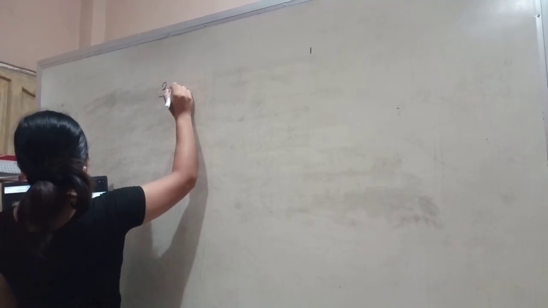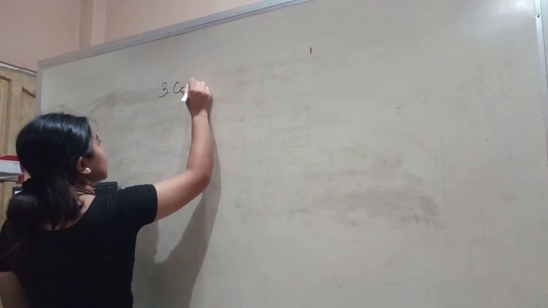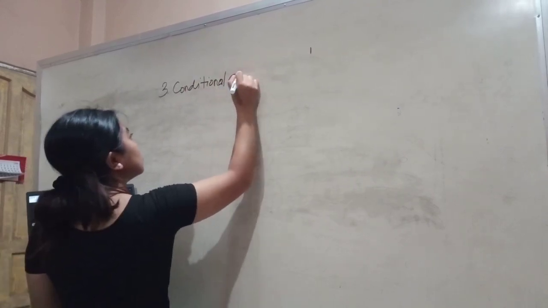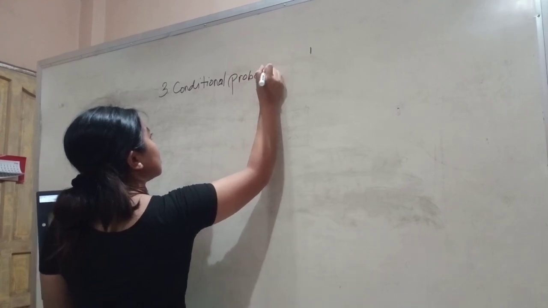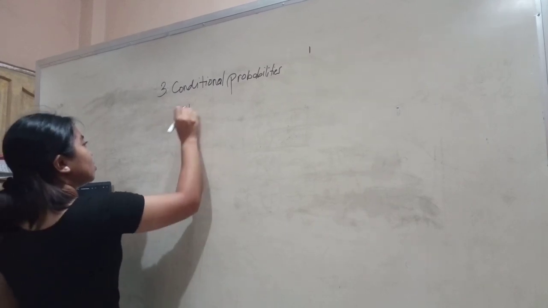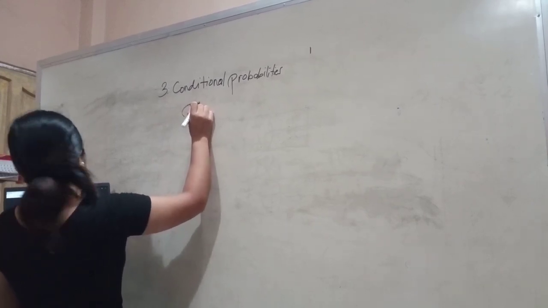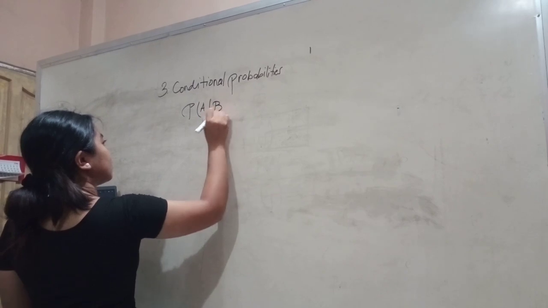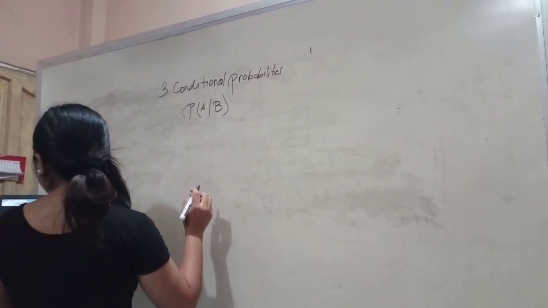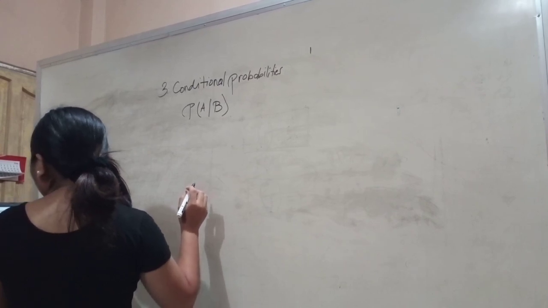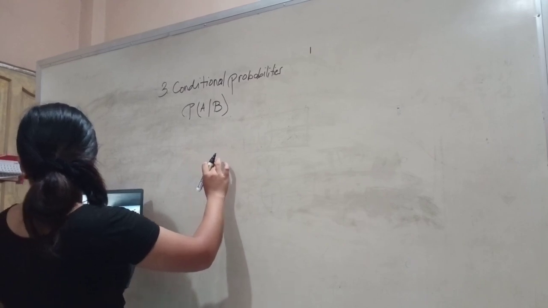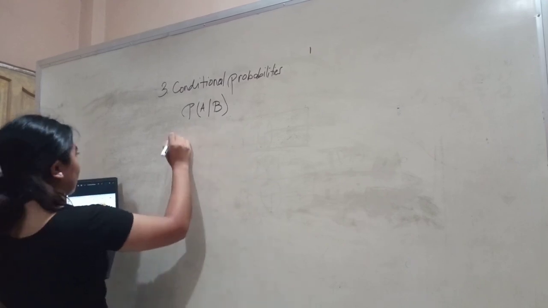Number 3, the conditional probabilities. Written as P of A given B. So this is the probability of A given that B has occurred. If you already know B happened, what's the chance that A also happened? So let's do the formula.